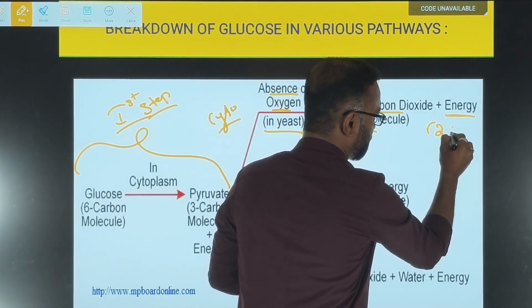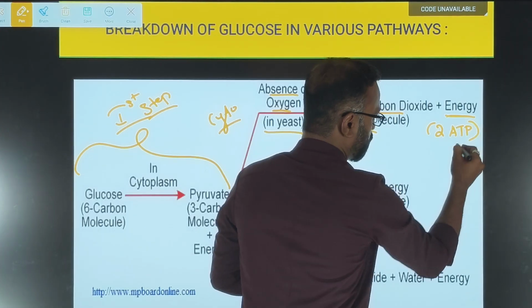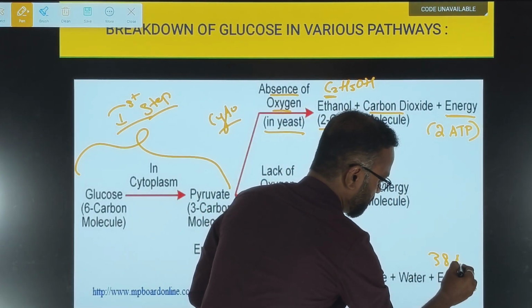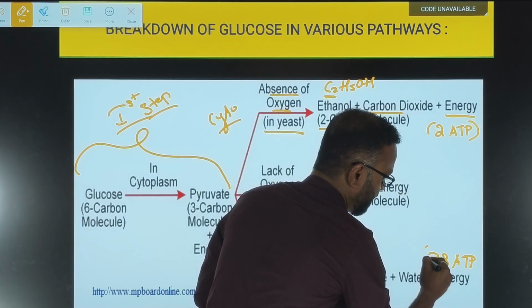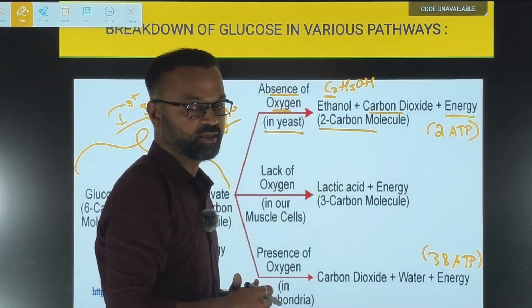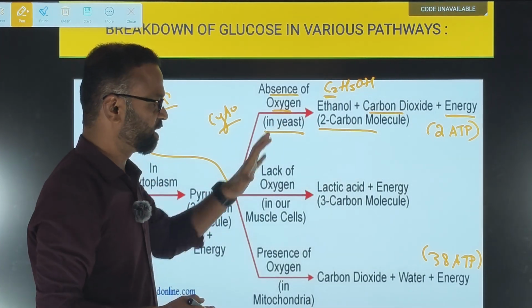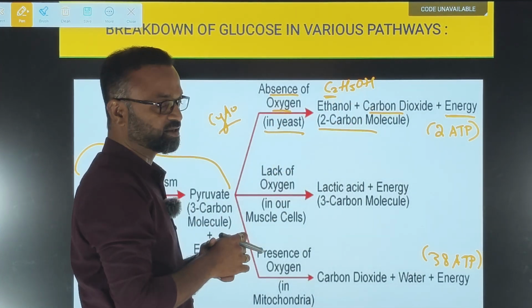Here a very small amount of energy is released, around 2 ATP, whereas in aerobic respiration around 38 ATP molecules of energy are released per mole of glucose. Hope this is clear.